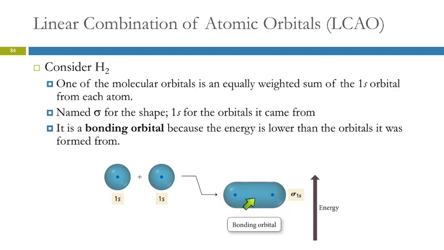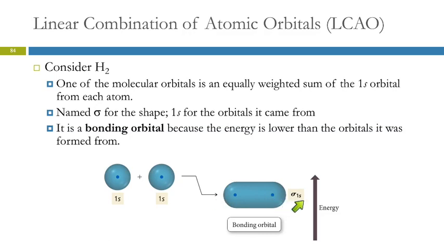This is lower in energy than the individual orbitals on the atoms. This is called a sigma orbital because it has a cylindrical, symmetrical shape. Just like we talked about the sigma bonds in valence bond theory, they were symmetrical. This is a sigma orbital.